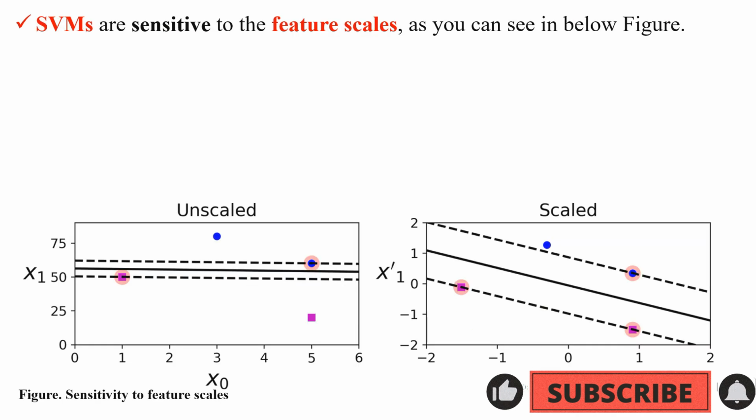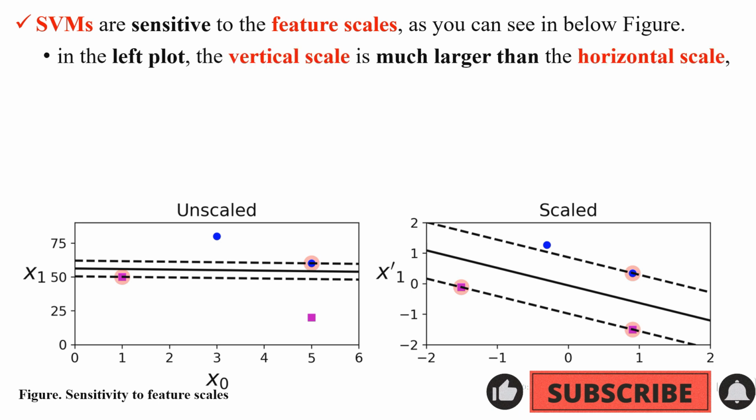Now, SVMs are sensitive to the feature scales. In the left side of the figure, the vertical scale is much larger than the horizontal scale. For example, the horizontal scale is between 0 to 6, whereas the vertical scale is between 0 to 100.